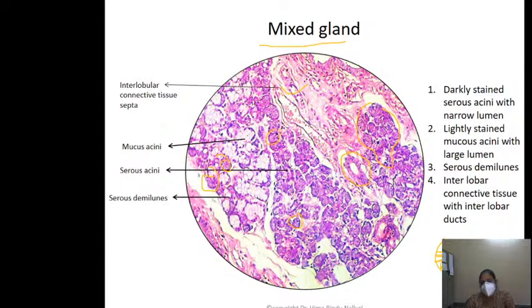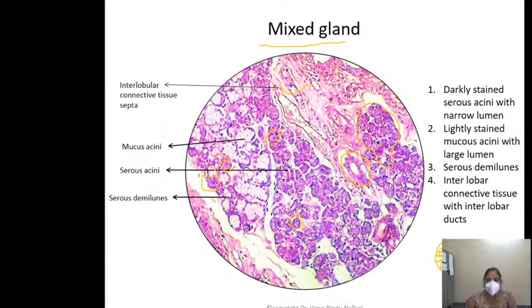Like this you see, and the lumen will be large, because these cells are filled with the mucus. The nucleus will be flat and towards the base. The nucleus is not very rounded, it is flat and towards the base like this. That's how you can identify the mucous acini.